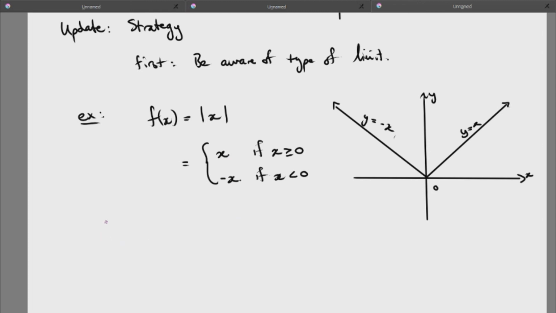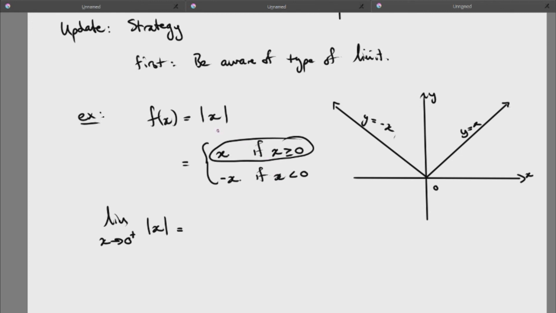So if I look at the limit as x approaches 0 from the right of this function, what am I really asking for? I'm saying I don't care about negative numbers. They are dead to me. There is no left side of that function. I'm only looking at positive x values, which means I'm only in this case.